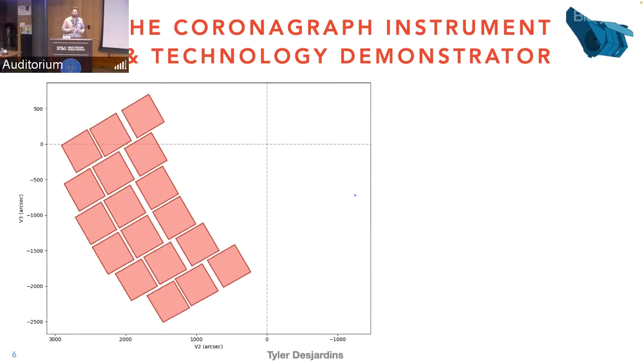Its aim is to show that you can do wavefront control in space, that you can fly electron multiplying CCDs as a detector, and also that you can reach a contrast that allows you to image a giant planet in reflected light. So just like you see Jupiter in the night sky, but around other stars.